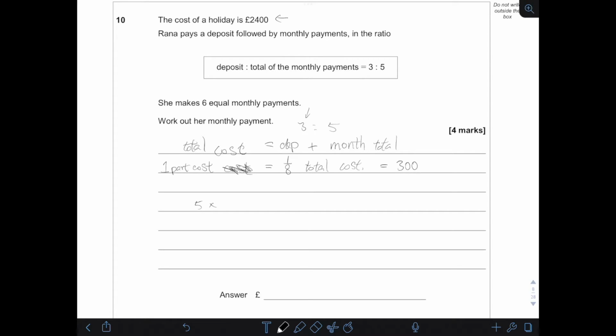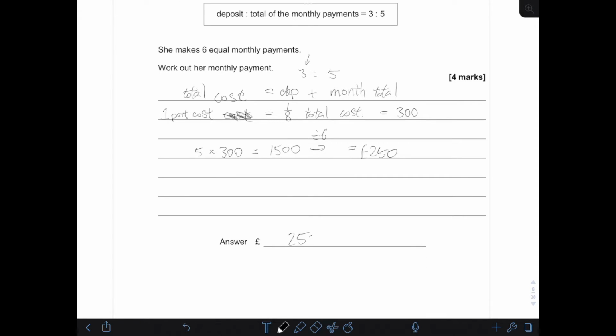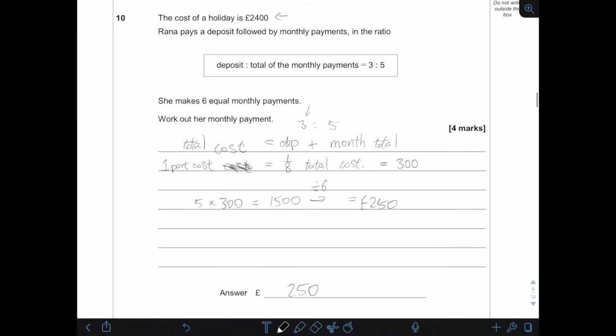So 5 parts of 300 equals 1,500. And this was equally divided by 6. So divide by 6 would give us £250 as the answer. 250, right?